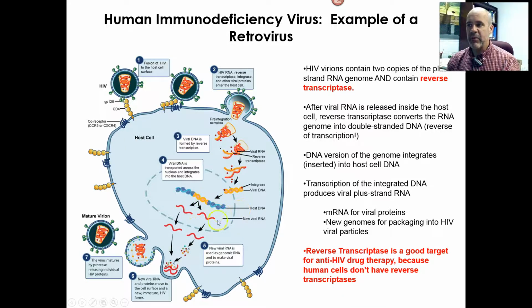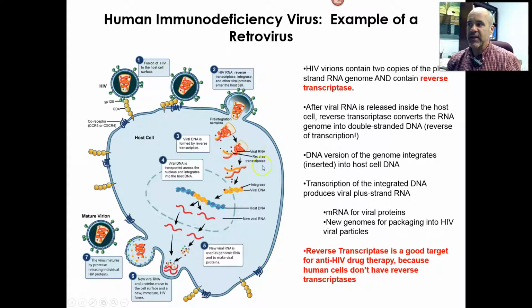So we have new viral RNA molecules that come out, and those can be translated to make new viral proteins, like the capsid proteins and those GP120 spikes that stick out on the surface. And then you've got to package up new HIV virus particles, just like we've seen before, and those get released from the host cell by budding. That's kind of in a nutshell how HIV carries out its life cycle.